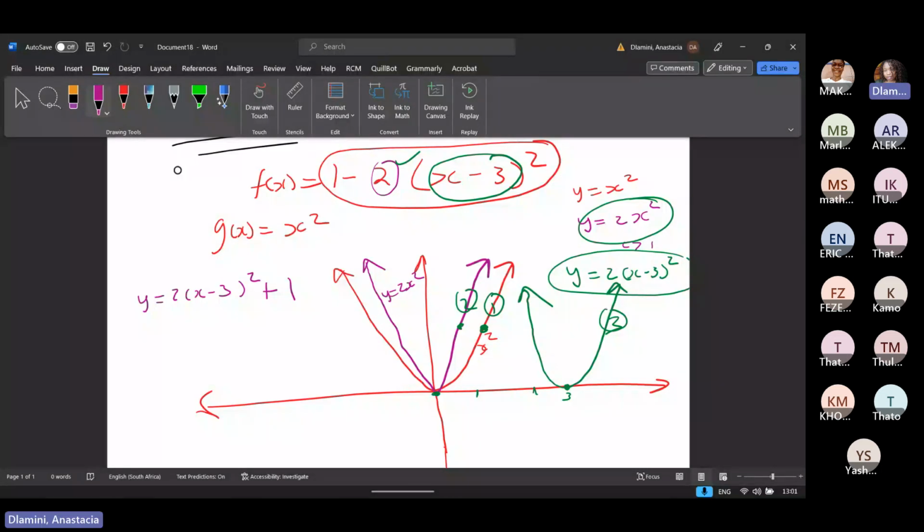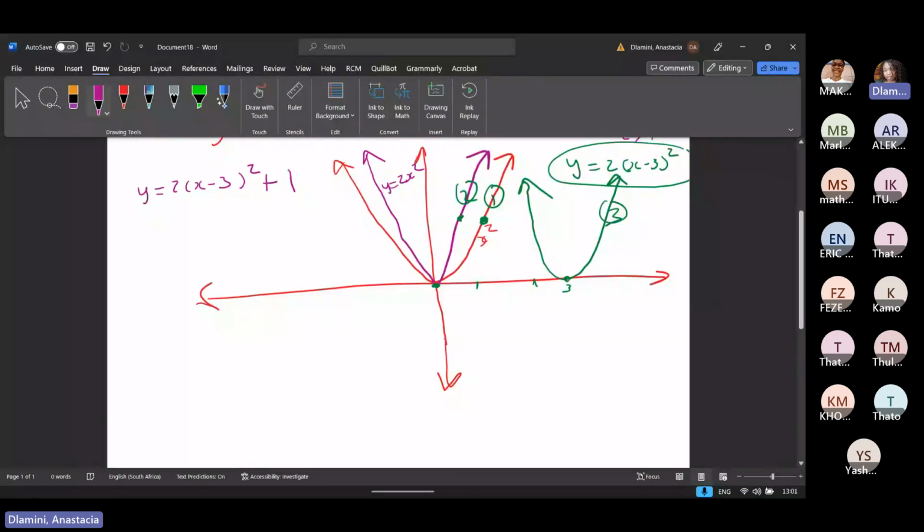I'm taking the same unit, remember x is 0 here, so I'm going 1. This is my new graph, graph number 4, which is y equals 2(x minus 3) squared plus 1.